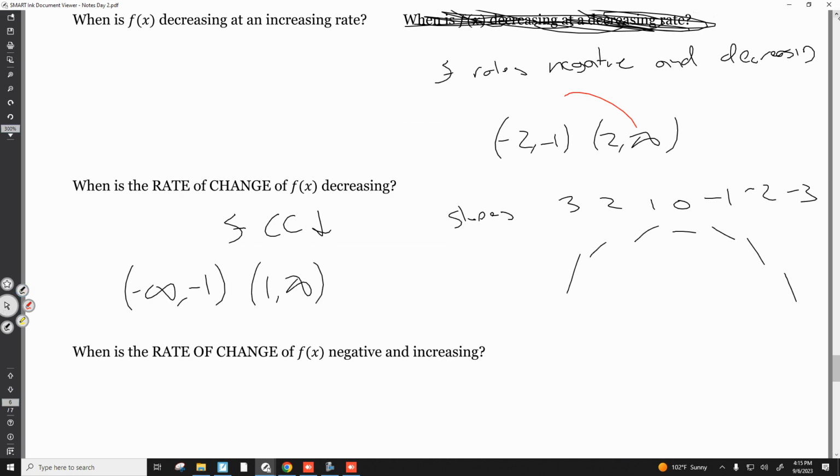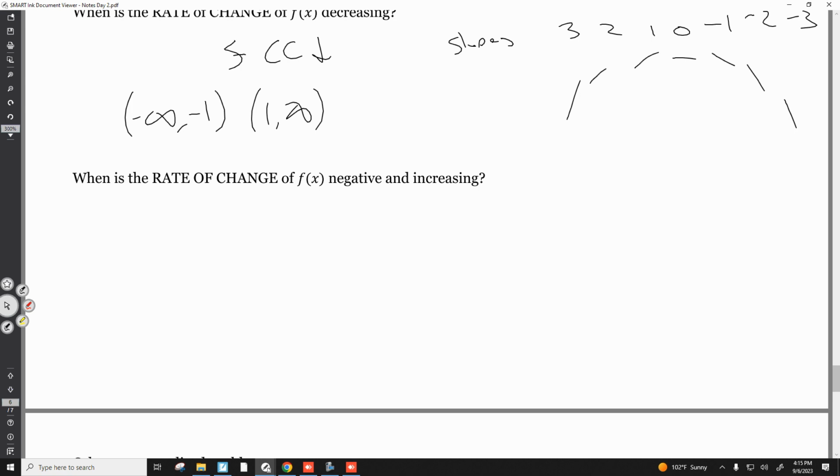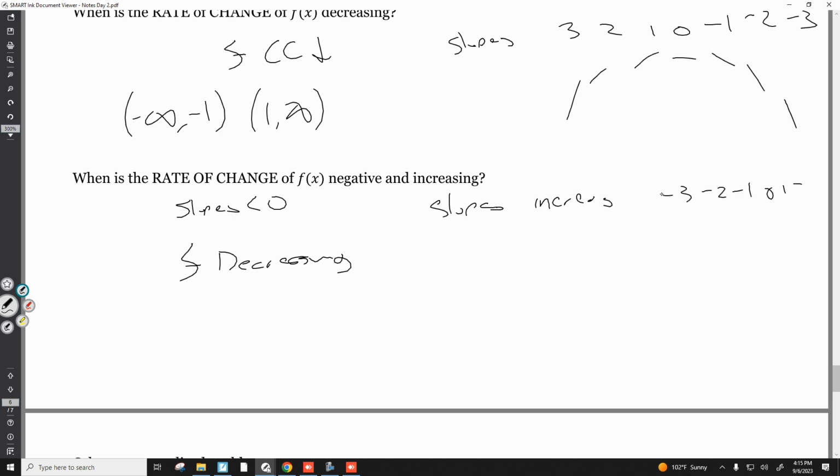When is the rate of change negative and increasing? When the slopes are negative, F is decreasing. When the slopes are increasing, -3, -2, -1, 0, 1, 2, 3, that's concave up.